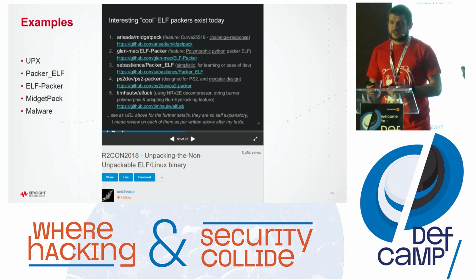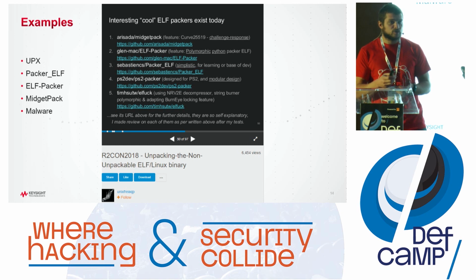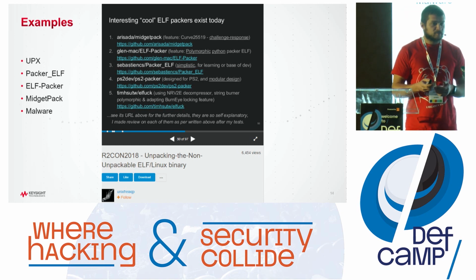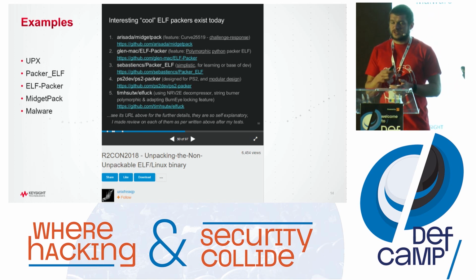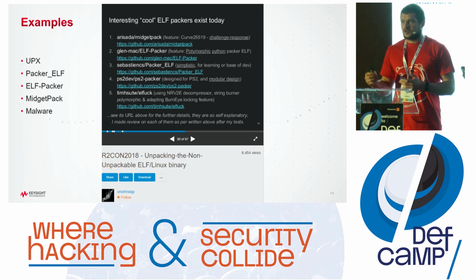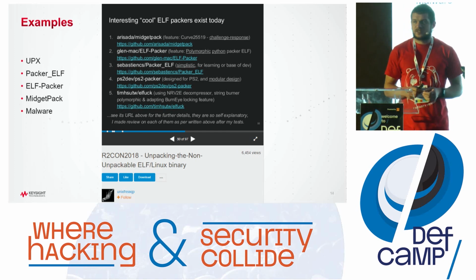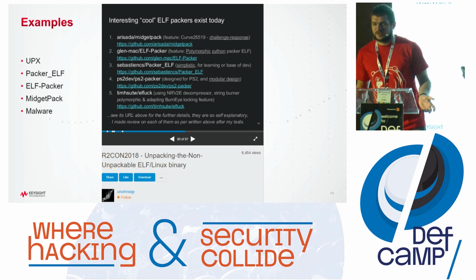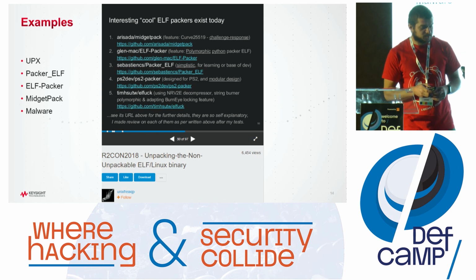They know a lot about what attackers do, and at some point looked into how malware authors pack their malware and how you can actually see what the executable does during your analysis. On one of those slides, they just said, okay, these are some cool packers I found online. And I said, okay, cool packers sound interesting. If I can unpack a cool binary, then I should be able to unpack everything, right?